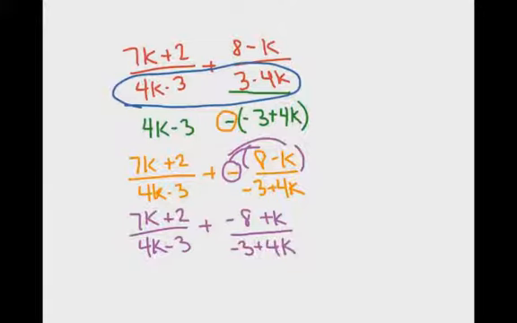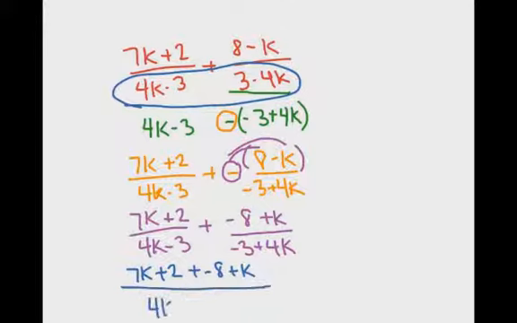Right? Now that my denominators are the same and I distributed my negative, we're just going to add the top. So we have 7k plus 2 plus negative 8 plus k all over 4k minus 3. And now we just combine our like terms.